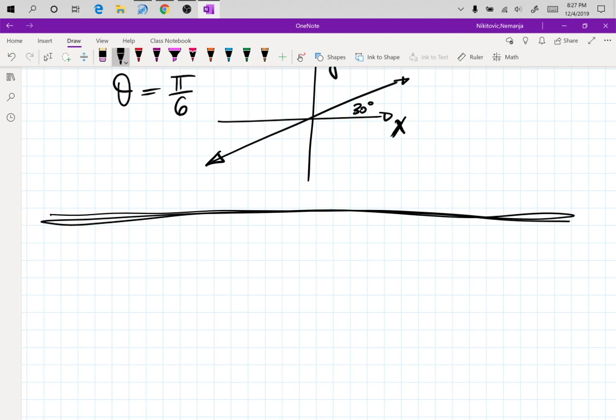Cool, right? So that you get the flower. Now, R equals 4 cosine 4 theta gave you a flower with 8 petals in there.